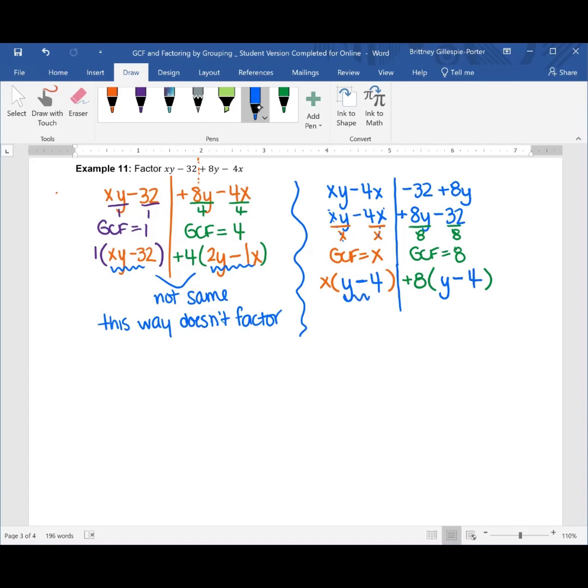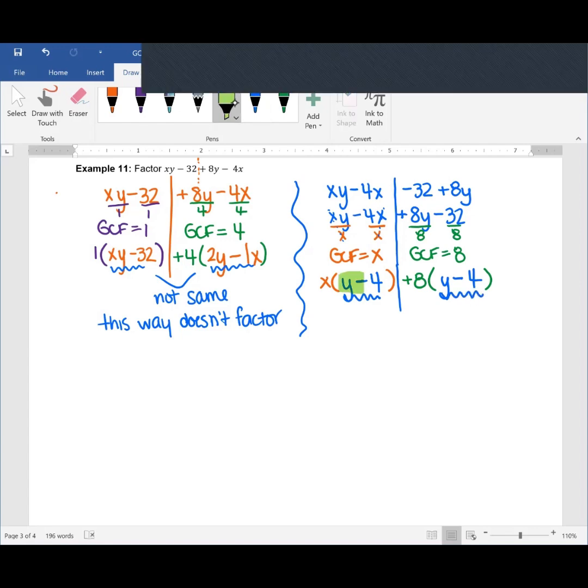Notice now that the parentheses are the same. We've got it worked out where they're the same, which means that we can factor it out. We're going to factor out the y minus 4 in parentheses. We're going to open up a second set for everything that is left.